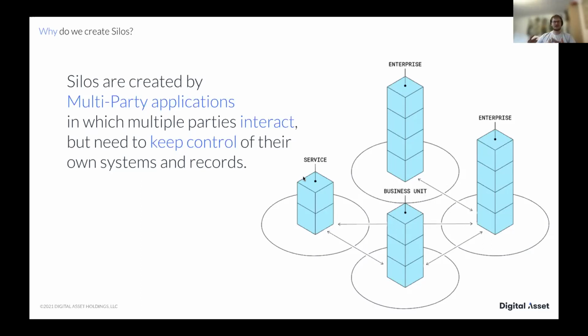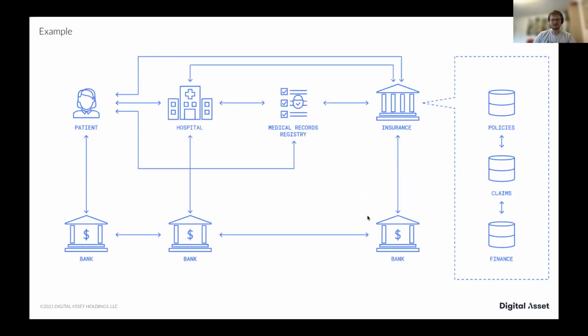And this could be for organizational reasons, each enterprise really needing their own systems, regulatory reasons, or just technological reasons, right? Service-oriented architecture actually makes the choice very deliberately to decouple functionality as much as possible and get some sort of composability. So in short, silos are created by multi-party applications in which multiple parties interact, but need or want to keep control of their own systems and records.